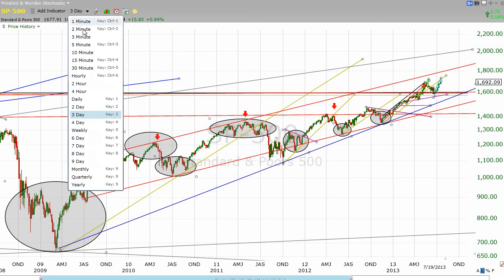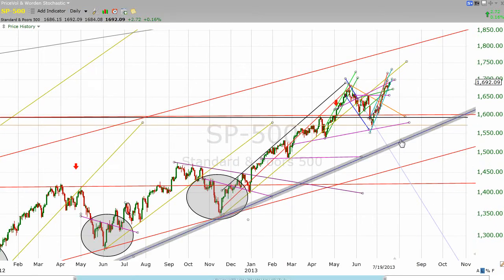So let's zoom back in. These two lines certainly need to be watched. We're not really that close to them right now. Matter of fact, we're fairly far away, but still, it's rising at a pretty good clip.